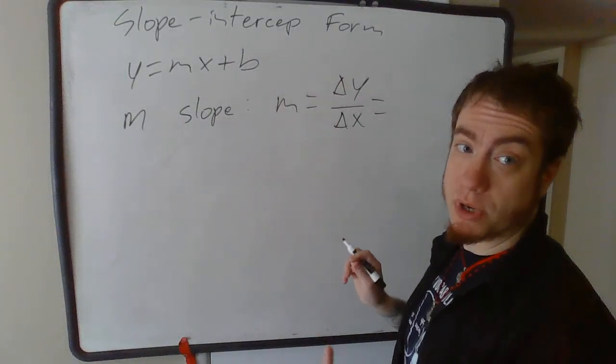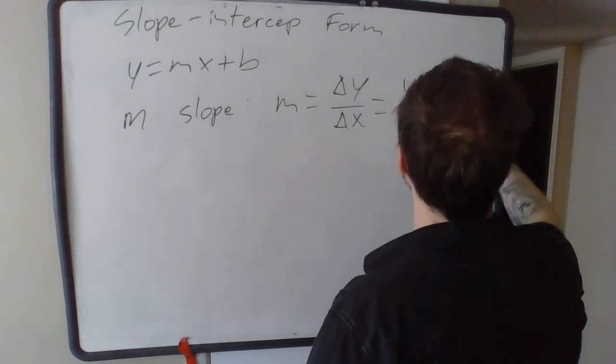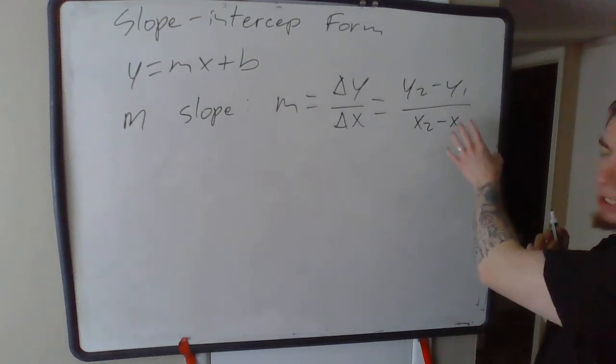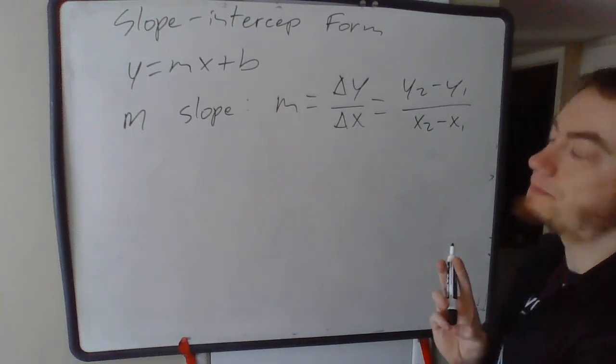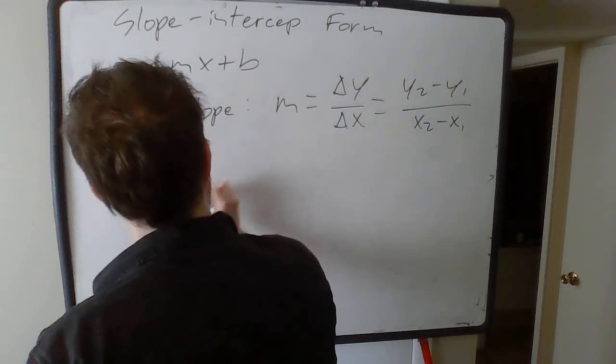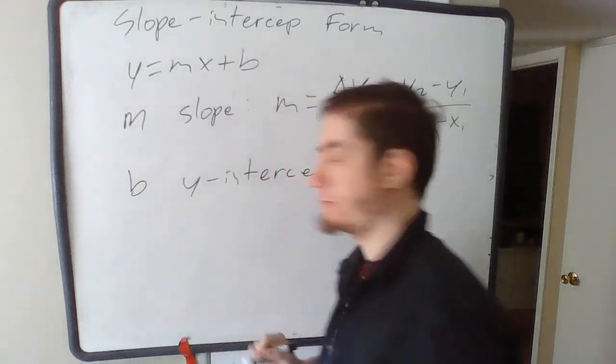So if you pick 2 points on the line, this is going to be y2 minus y1 over x2 minus x1, where the points are (x1, y1) and (x2, y2). And then b is simply the y-intercept.